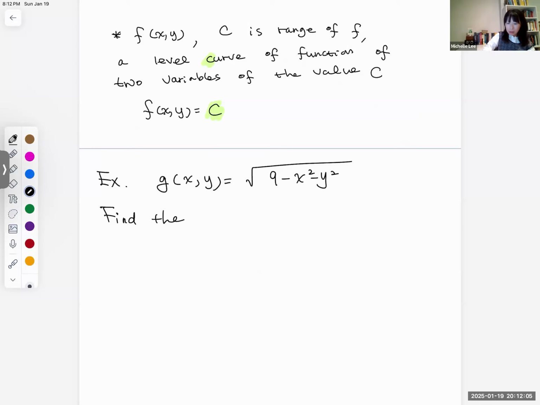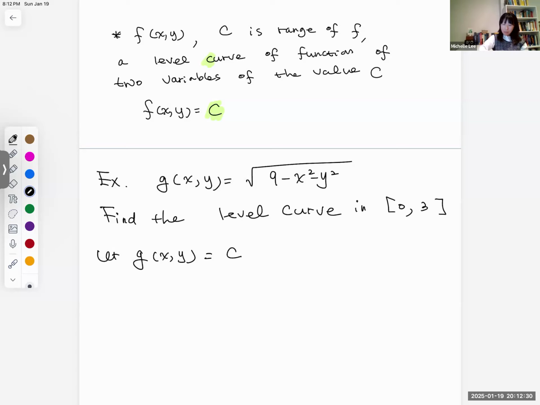Find the level curves for c between 0 and 3. The formula is we set the function equal to c, right? So let g of x, y equal to c. Then the function equals square root of 9 minus x squared minus y squared, right?